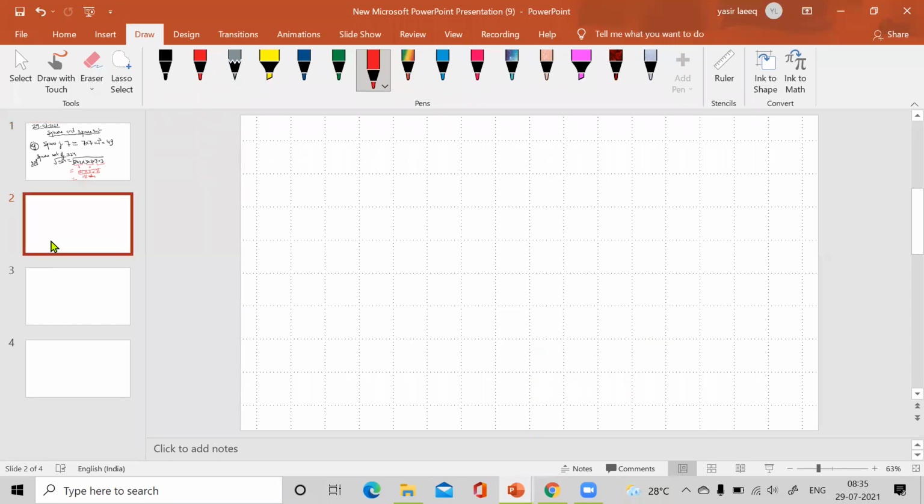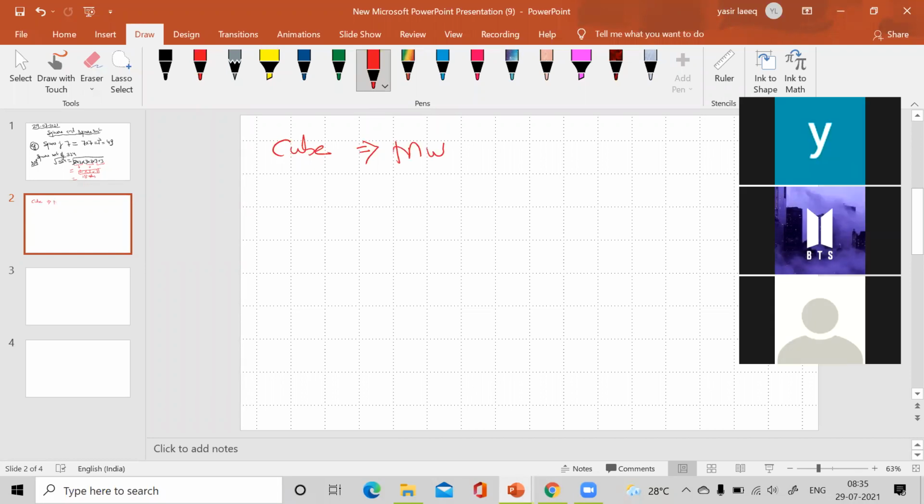Now, how to do cube and cube root? Cube root is not in your course. Okay. Yes, cube root is given. Okay, cube root is given. Cube, what is cube?